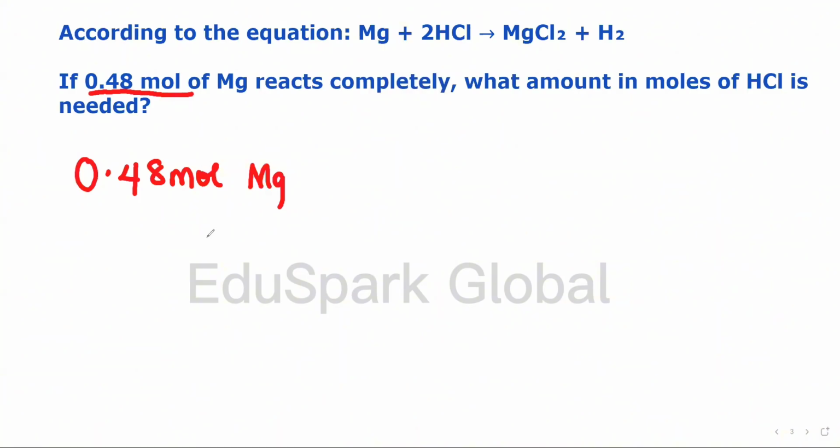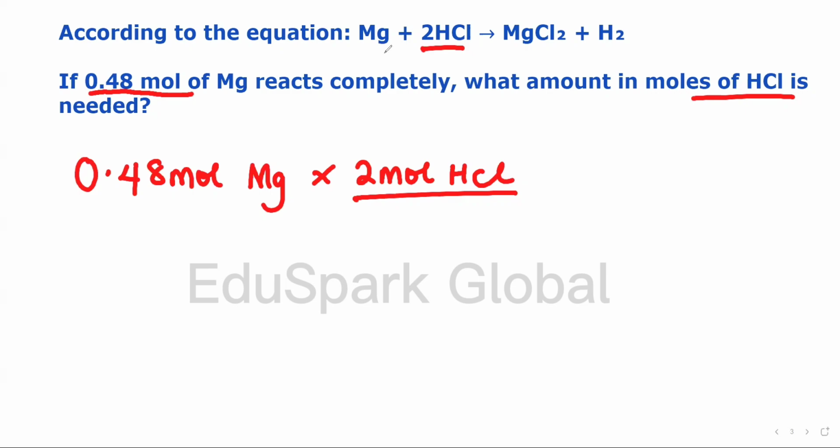And then go from mole magnesium to mole of the unknown. So the one you're trying to find, which is HCl. In this equation, we have 2 moles of HCl. Then divide that by 1 mole of magnesium.